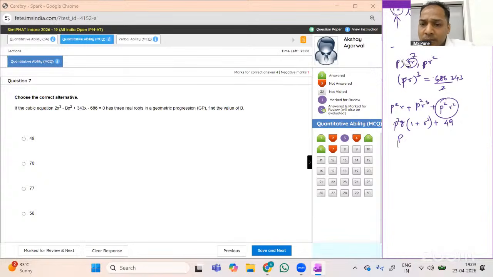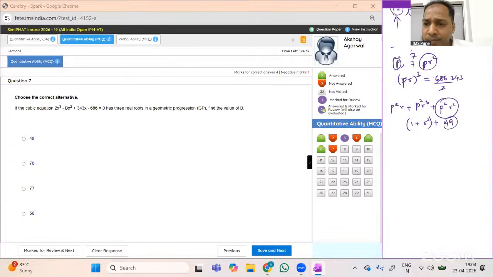If I just multiply, wherever there is a 7, instead of PR I'll keep a 7 only. So that's 7P and PR square. 7 into PR square, P square R square, this is 49.